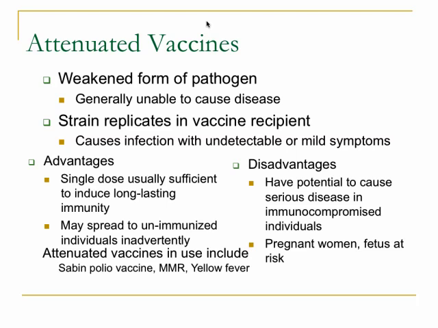Now, the disadvantages are it does replicate, so those individuals that are immunocompromised can get very severe symptoms, and that includes pregnant women, maybe the fetus if the pathogen crosses the placenta, and anyone who has an immunocompromising infection or is on some kind of medication that would weaken the immune system.